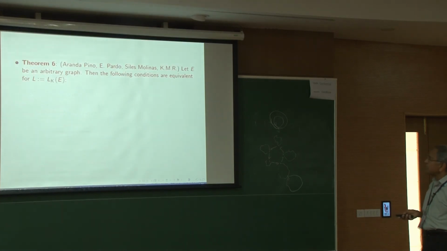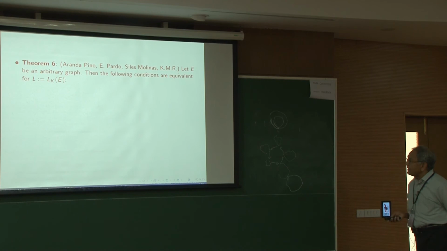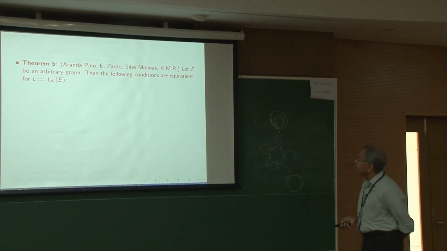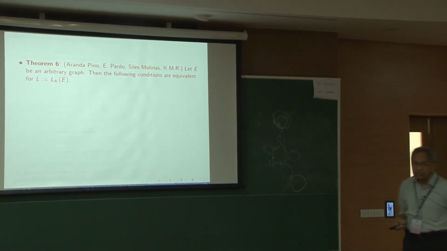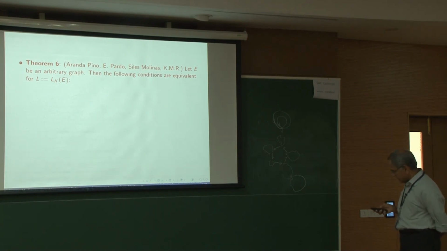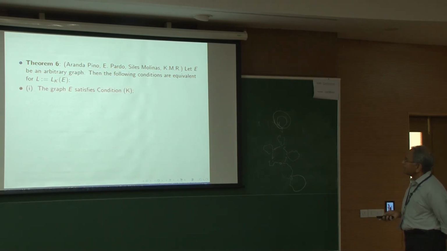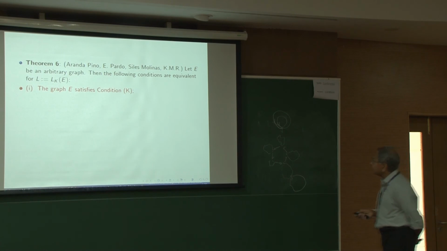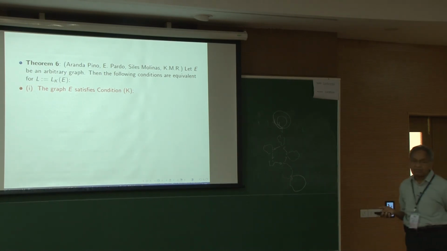But if you look at the Leavitt path algebra of a graph satisfying condition K, this was done by a number of people together. First they proved it for row-finite graphs, then it was extended to an arbitrary graph.